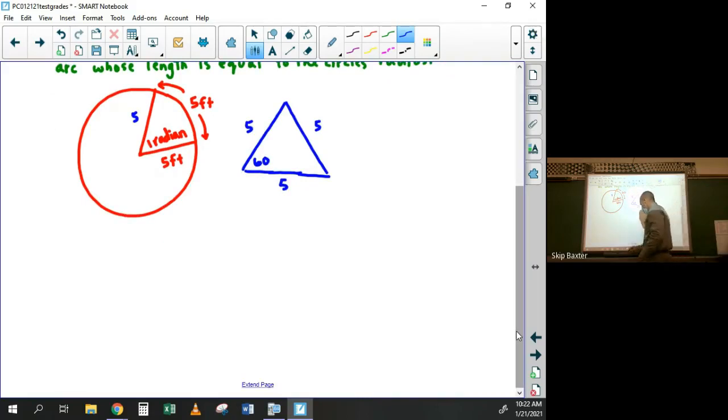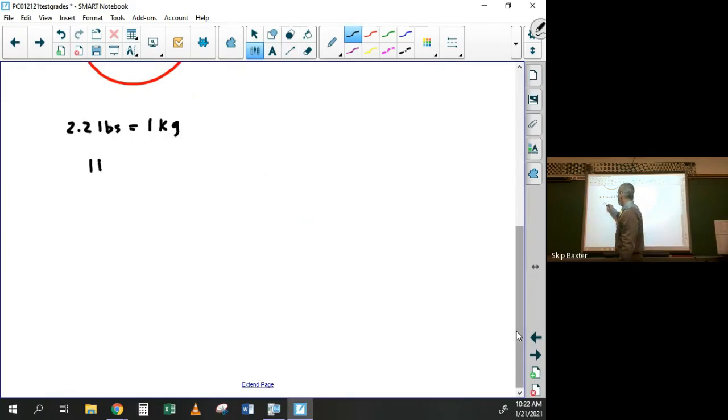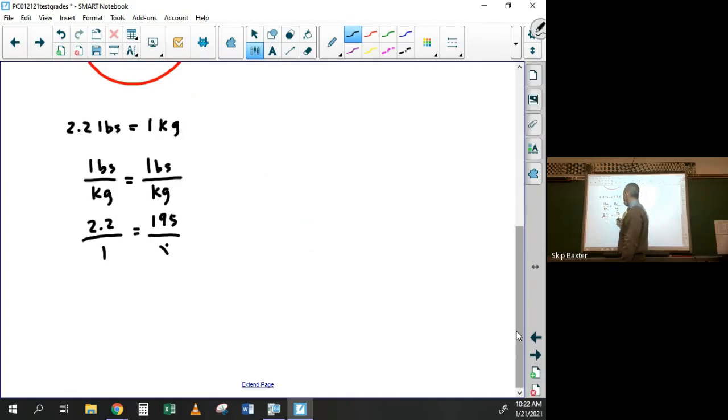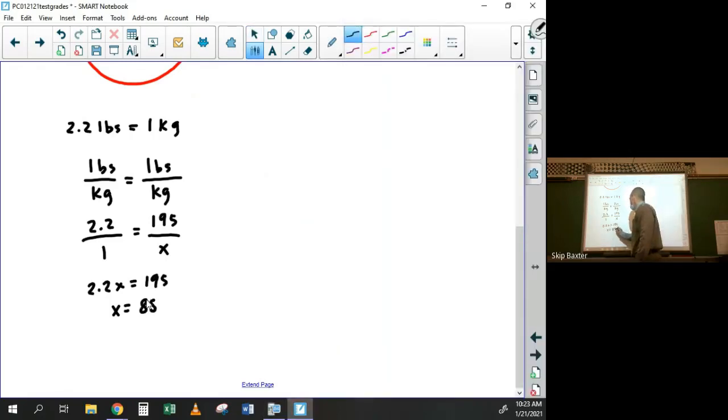For example, if I know that 2.2 pounds is equal to 1 kilogram, and I want to find out how much I weigh in kilograms, I could just set up a little proportion. 2.2 pounds is to 1 kilogram as 195 is to X. Then I cross multiply: 2.2X equals 195, and X is equal to 195 divided by 2.2. Using a calculator, that's 88.6 kilograms.